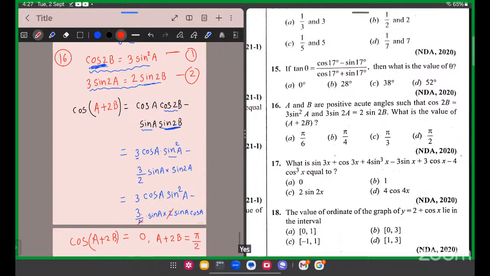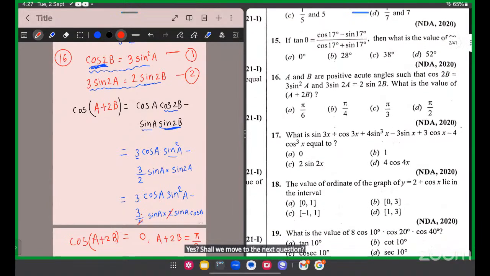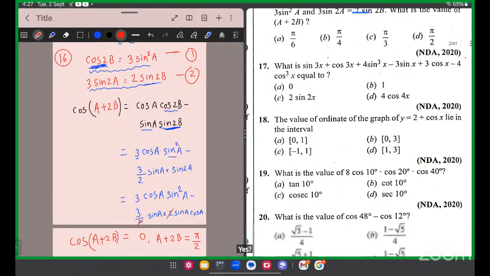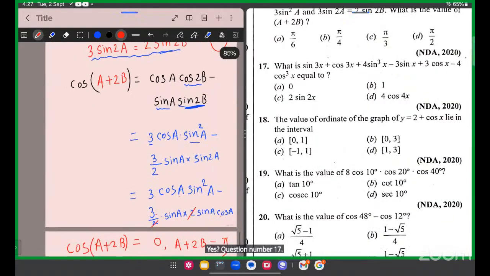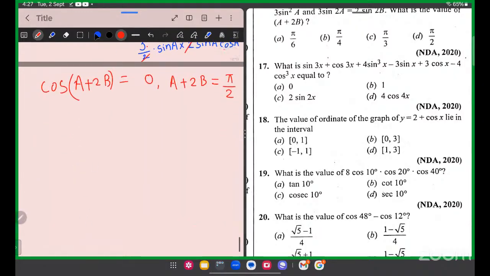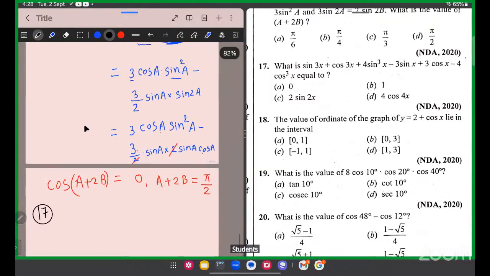Yes? Shall we move to the next question? Yes. Question number 17. Have you noted it down, this one?